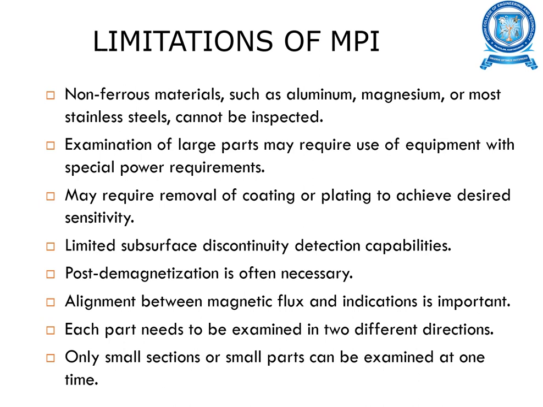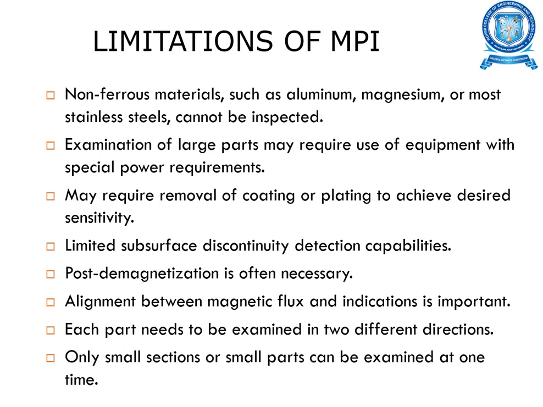It also has limitations. With magnetic particle testing, non-ferrous materials such as aluminum, magnesium, or most stainless steels cannot be inspected. The examination of large parts may require equipment with special power requirements, and may require some removal of coating or plating to achieve the desired result.